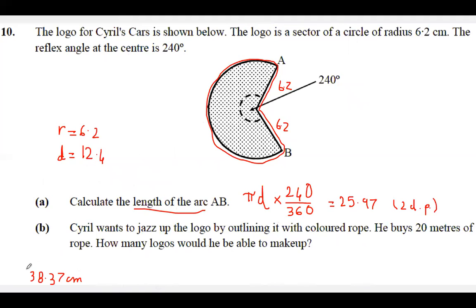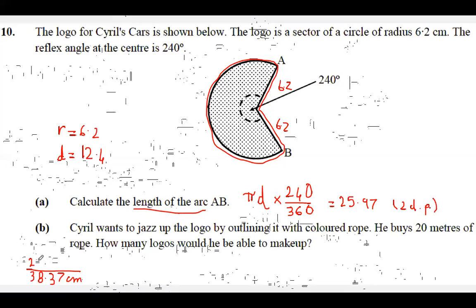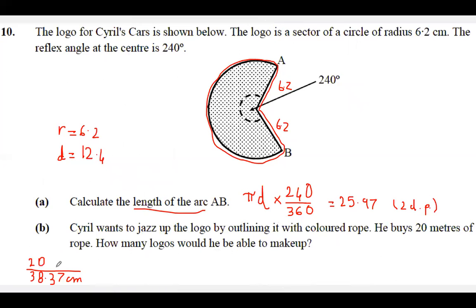Now you've got to see how many 38.37 you can cut from 20 meters. But what is 20 meters in centimeters? 2000. Remember, 1 meter has 100 centimeters. Think about the ruler that you use.